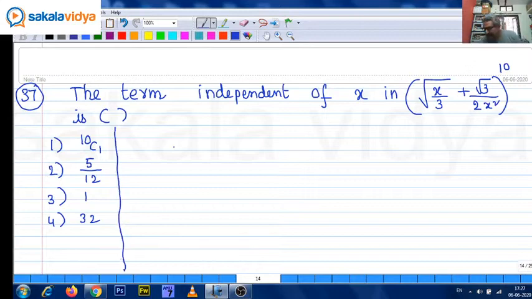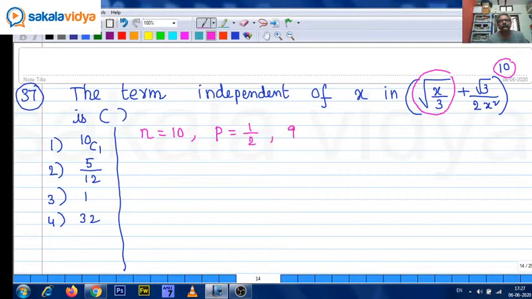Similar method need to be adopted here. So here n is 10, this power root p is half, q will be here 2.